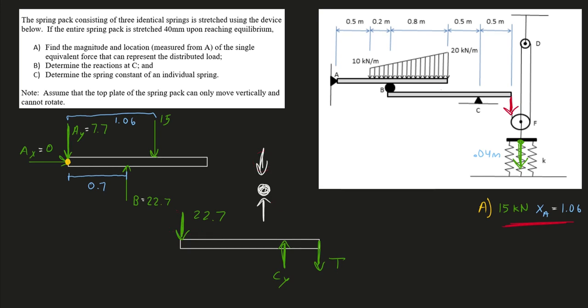But, and this is a big theme that I really like to emphasize when going through frames and machines, if I had another, let's say this was a joint right here, if I had some other member connecting to this joint, there would be some other force, and we couldn't simply just do what we did. Some of this 22.7 would go here, and some of it would go here. So in this case, this wouldn't be 22.7.